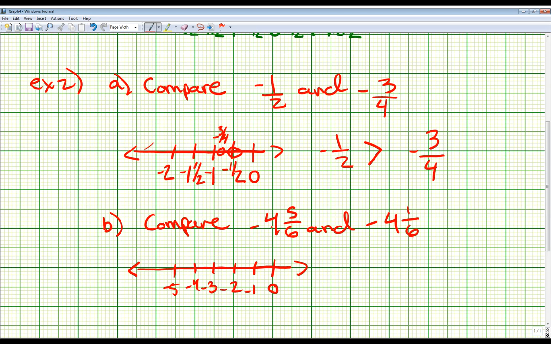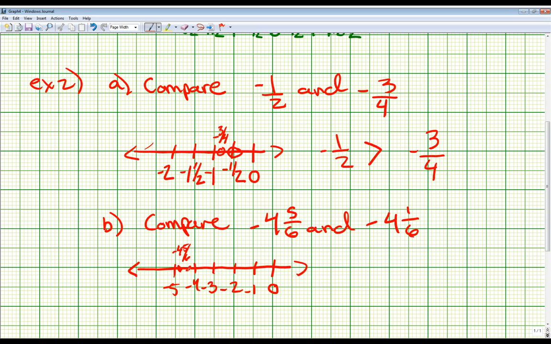This first number says negative 4 and 5/6. That means it's almost another whole. So my dot's going to be almost to the negative 5. About right there. So negative 4 and 5/6. Negative 4 and 1/6 is also between these two, and 1/6 is going to be farther to the right because it's closer to the whole number of negative 4.